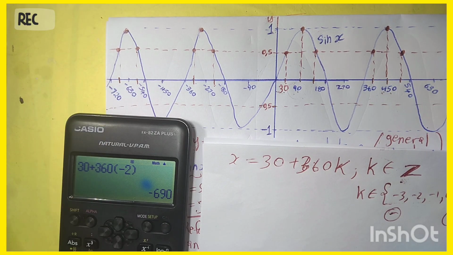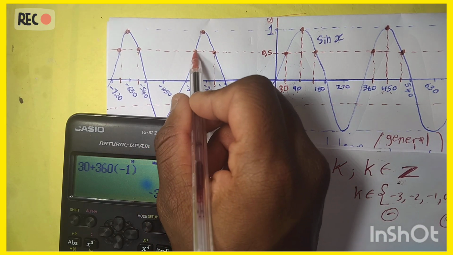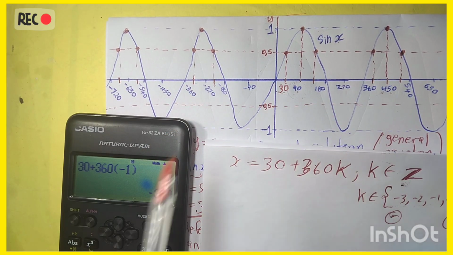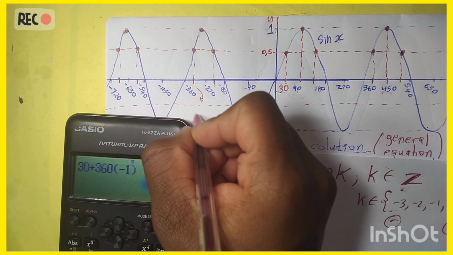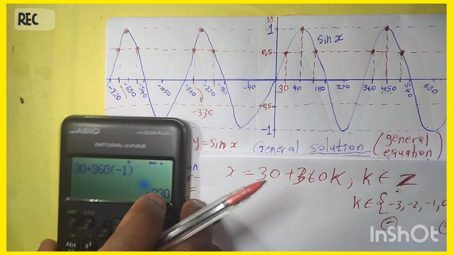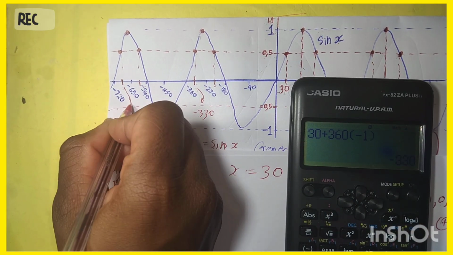Do you see? So now let's try negative 1. Putting negative 1 here, I'll get negative 330. Negative 330, guys. I think that value is supposed to be here. That one. Then the other one was negative 690, here.